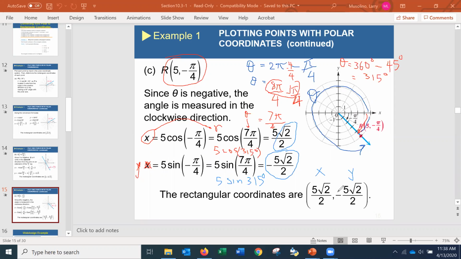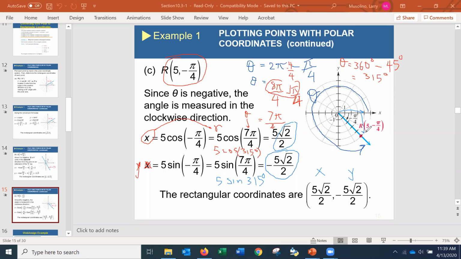Let me do a quick sanity check on my answers here. First of all, do I have the correct signs, positive, negative? Well, I notice for me to get to this red dot, I would have to travel horizontally to the right, but then vertically down. So it makes sense the x number should be a positive number, but the y number should be a negative number.